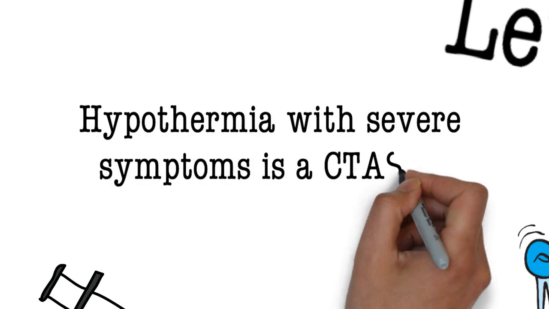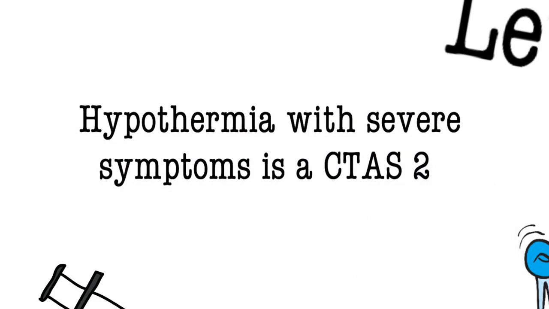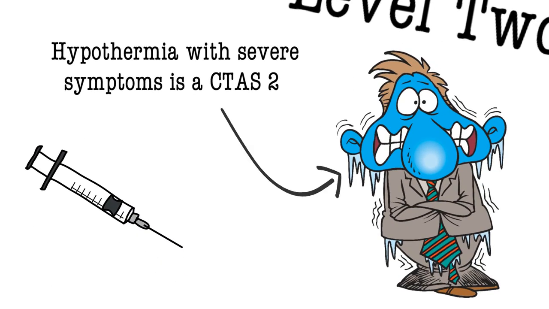So a hypothermia with severe symptoms would be a CTAS 2. If we refer to the basic life support patient care standards, we'll see that severe hypothermia is defined as no shivering being present, an unconscious patient with cold, stiff limbs, slow or absent pulse and respirations, and no other signs of obvious death.